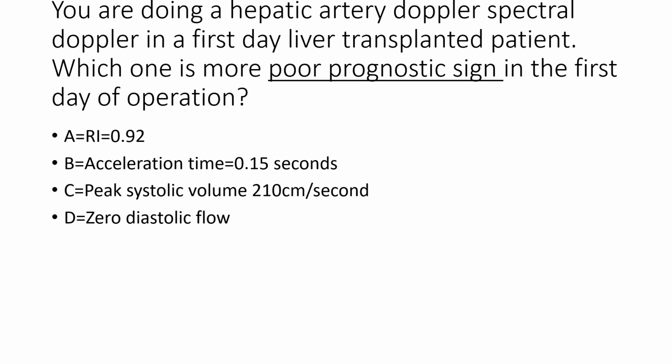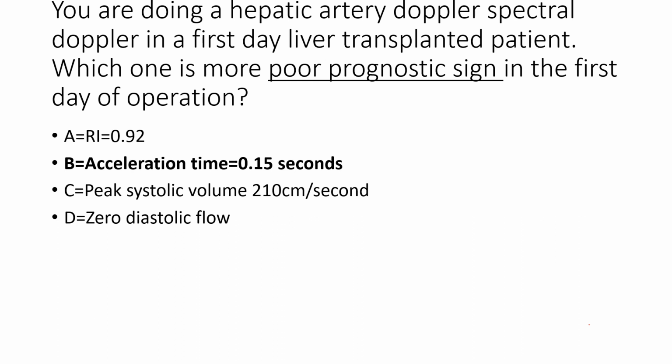Is it a very high resistive index, acceleration time 0.15 seconds, peak systolic velocity very high, more than 200, that is abnormal, or zero diastolic flow, which means very high resistance? Which one in the first day of the transplanted patient is more serious?